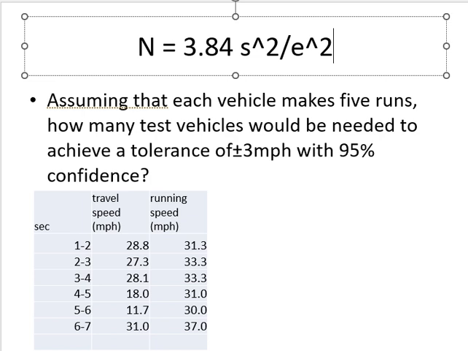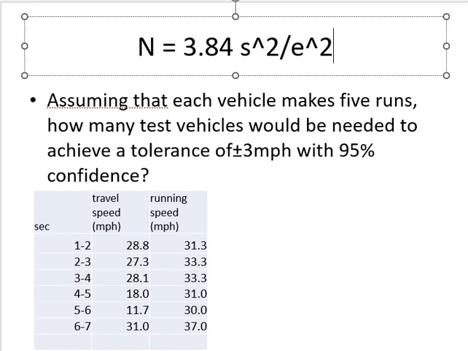This is my equation, right? Where do I put the confidence level in the equation? Where is this 95 in the equation? I'm putting the value of E, and E is 3, right? So where did this 95 go?